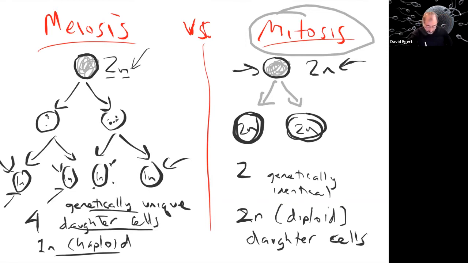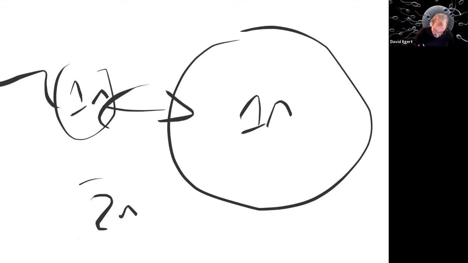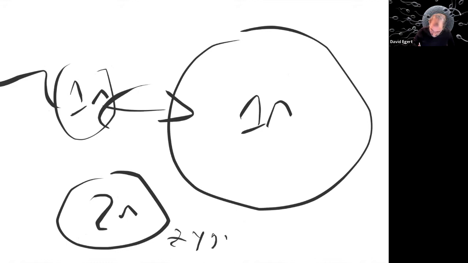And the guy is doing this to make the sperm. The woman's doing this to make the eggs. Ultimately you have a 1N sperm and a 1N egg, and when they get together, they become the 2N zygote.